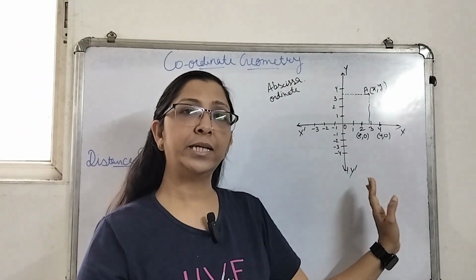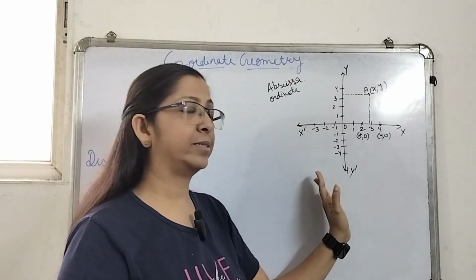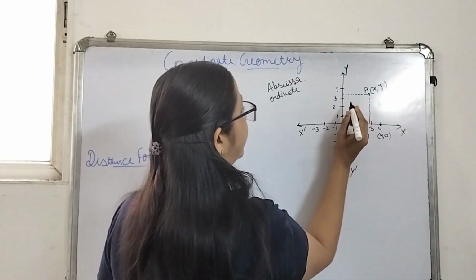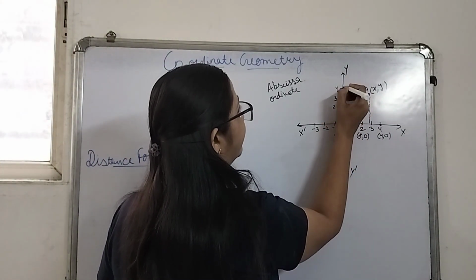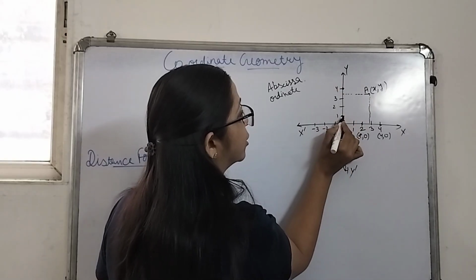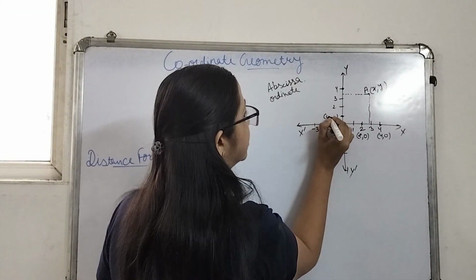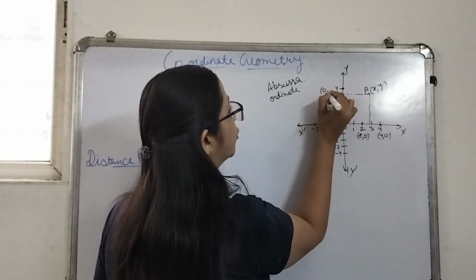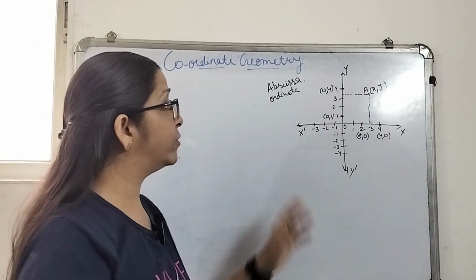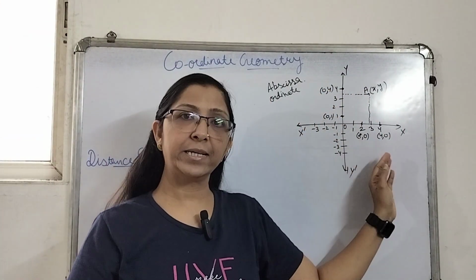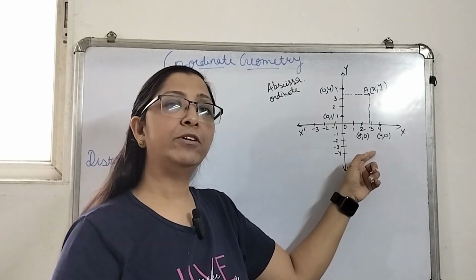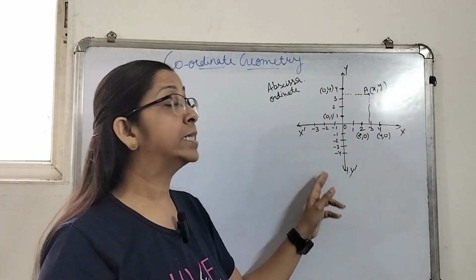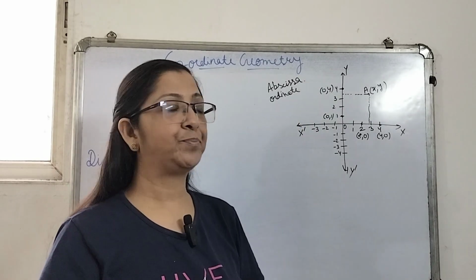Similarly, if we take any point on the y-axis, then its x coordinate will be 0. That means if we take these as the points, the coordinate of this point will be 0, 1, and the coordinate of this point will be 0, 4. So whenever we take any point on the x-axis, its y coordinate will be 0, and whenever we take a point on the y-axis, its x coordinate will be 0.